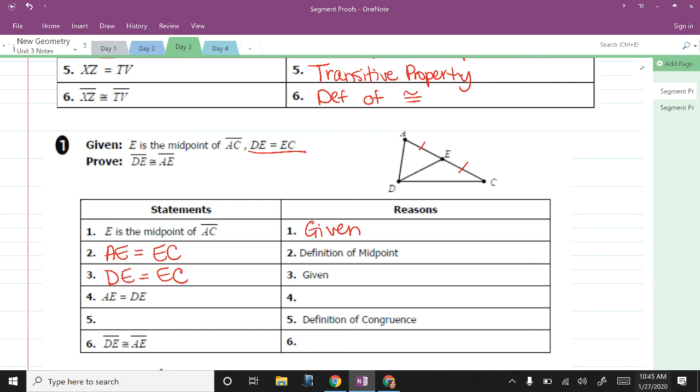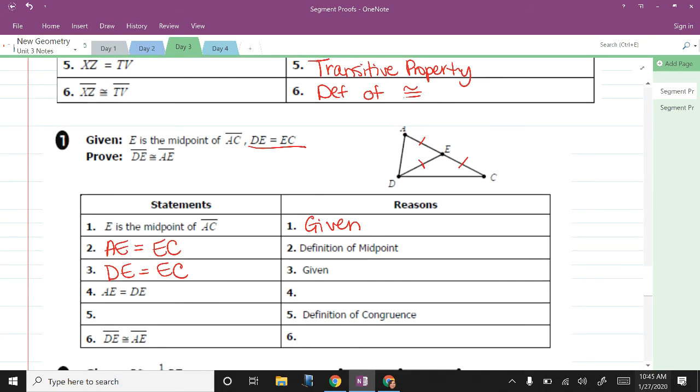So then I did my next given, which was DE equals EC. They told me that to start with. So I'm going to mark that one congruent. DE equals EC. So those three are all going to be congruent together, aren't they? Right? And that's what it says down here. I went from AE equals EC and DE equals EC. So this one says AE equals DE.